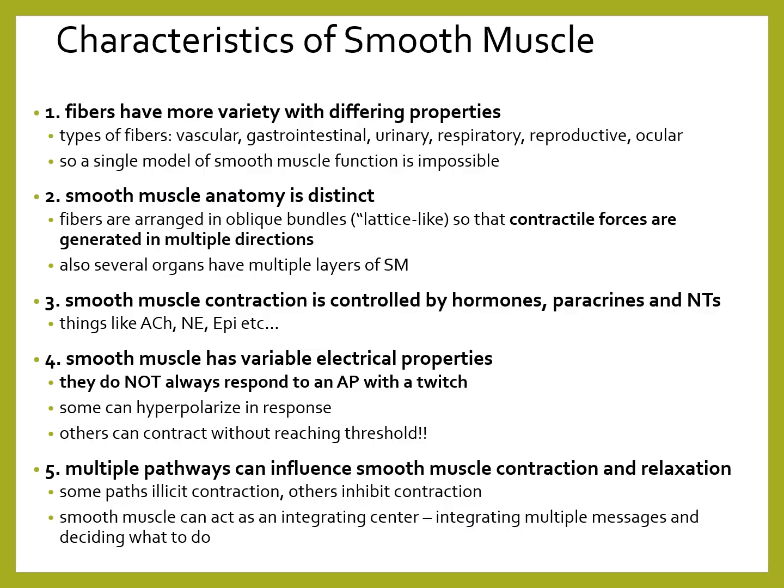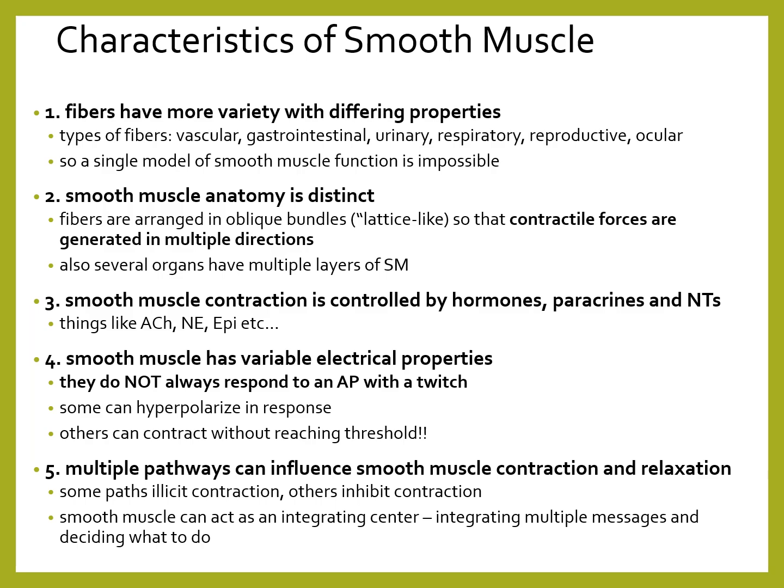Smooth muscle and skeletal muscle both can respond to acetylcholine. However, adding on to this, with smooth muscle, you have the neurotransmitter norepinephrine. You have the hormone epinephrine. And there are other paracrine factors that can be secreted. So the take-home message of this is that smooth muscle responds not just to acetylcholine, but to a wide variety of chemicals, whereas skeletal muscle only responds to acetylcholine.